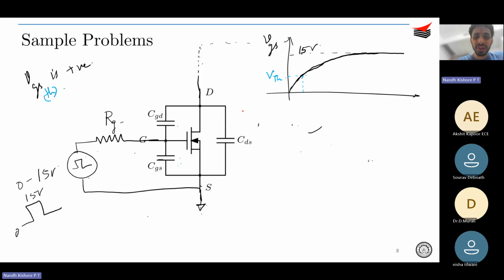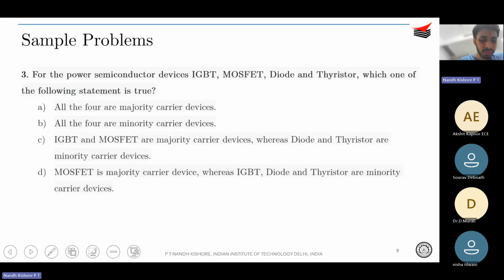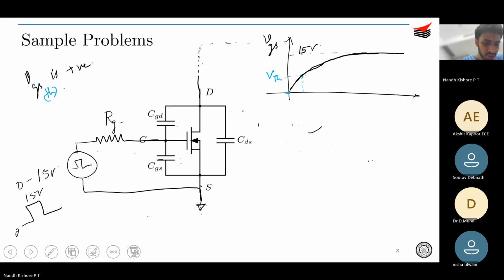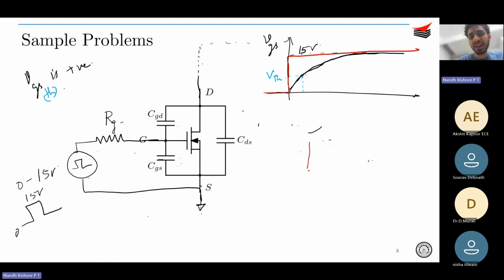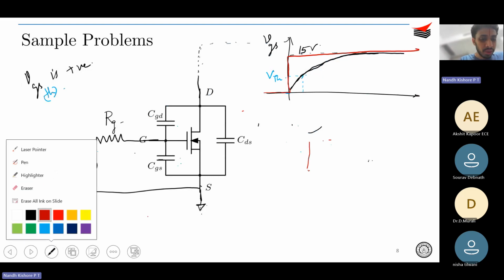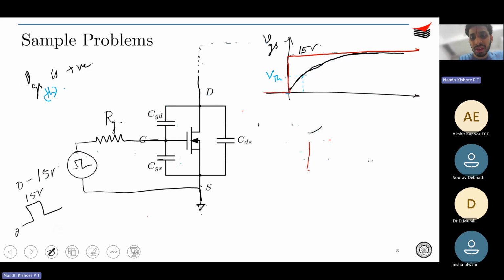So you understand that even though you fed a 15 volt pulse at this instant, the voltage across your CGS capacitance is increasing something like this. Why?